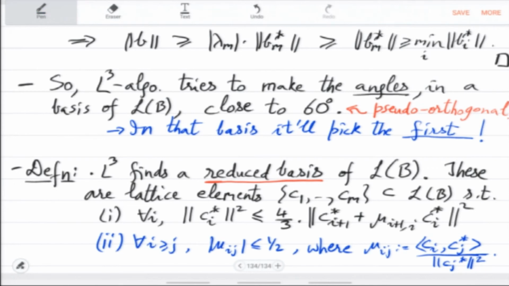So the first condition is kind of saying that Ci plus 1 is not much smaller than Ci.